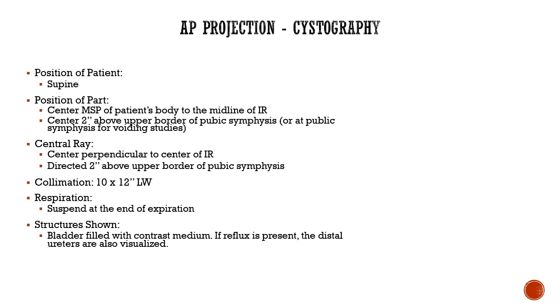We're going to center 2 inches above the upper border of the pubic symphysis or at the pubic symphysis for voiding studies. We're going to center the perpendicular to the center of the image receptor. We're going to collimate to a 10 by 12 lengthwise, and we're going to have the patient suspend at the end of expiration. The bladder is filled with contrast medium. If reflux is present, the distal ureters would also be visualized.